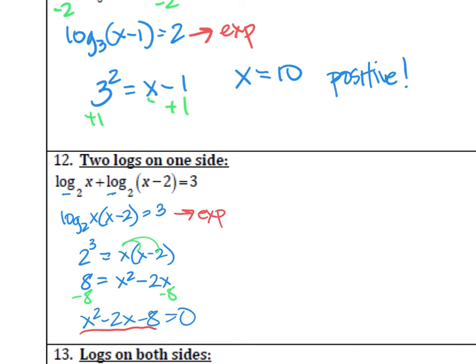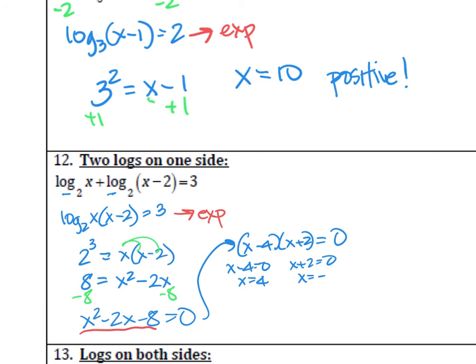We need to factor this. And that would end up being, of course, when we're factoring, we're finding those 2 binomials, x minus 4 and x plus 2. When we set the x minus 4 equal to 0, we get x is equal to 4. Set the x plus 2 equal to 0, we get x is equal to minus 2.